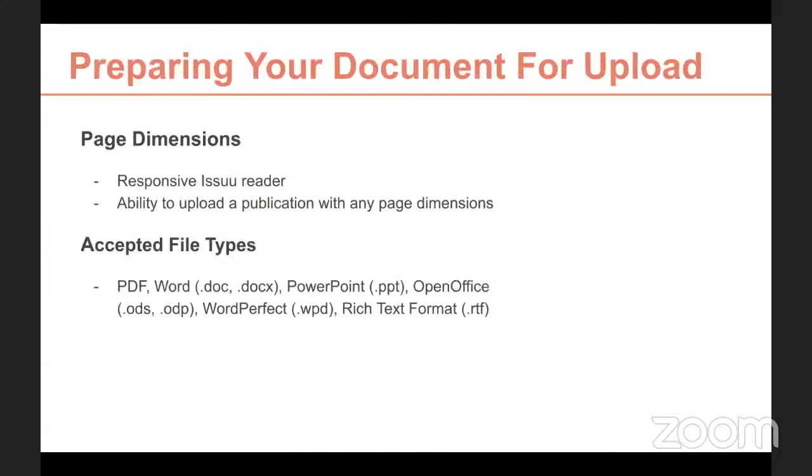And once that is done, you would probably want to prepare your document for upload. The Issuu reader is responsive, and it adapts to various sizes of the pages and screens. And here are also all the accepted file types listed. Most common are PDFs, but you can also upload a PowerPoint presentation, for example, or a Word doc, but the most common is a PDF document.